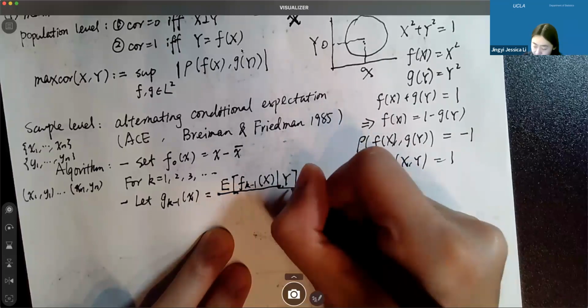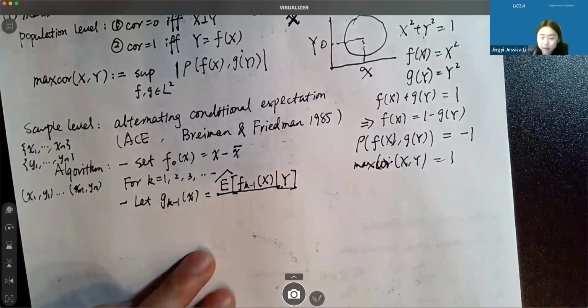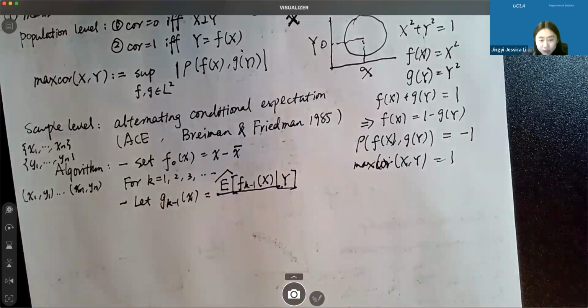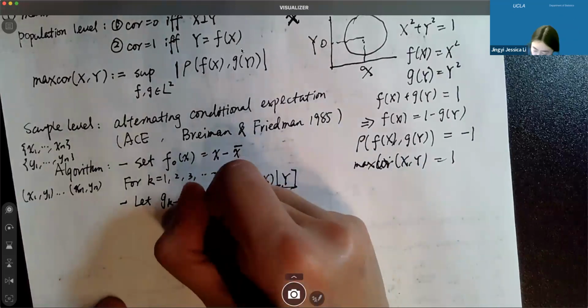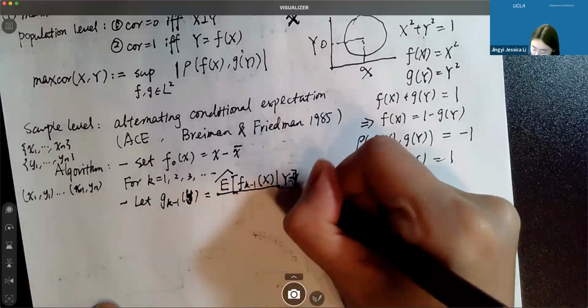But here, this is about the joint distribution, so we put a hat on it. So in other words, what does it mean, actually? Sorry, it should be g of y, conditional on y equals small y.